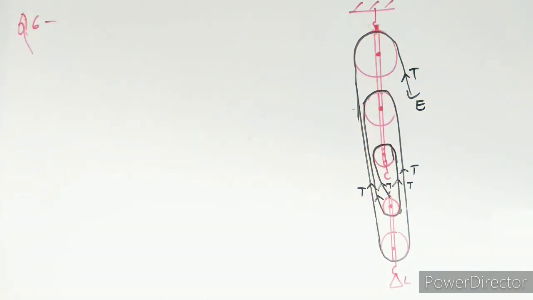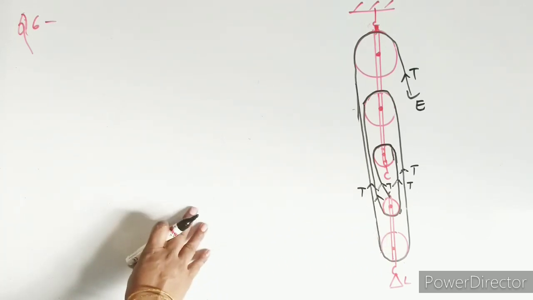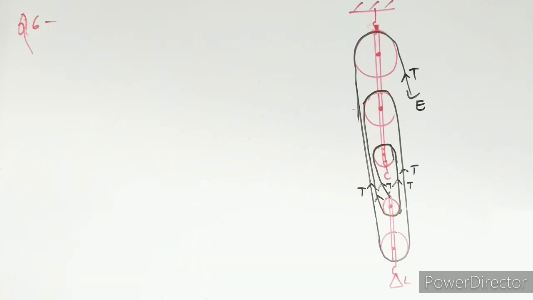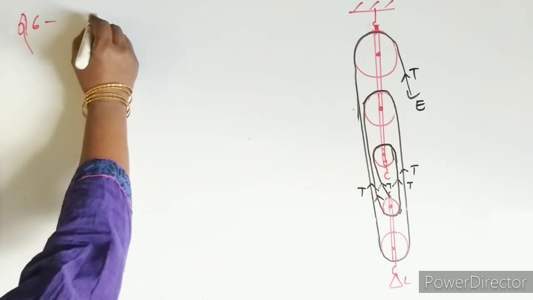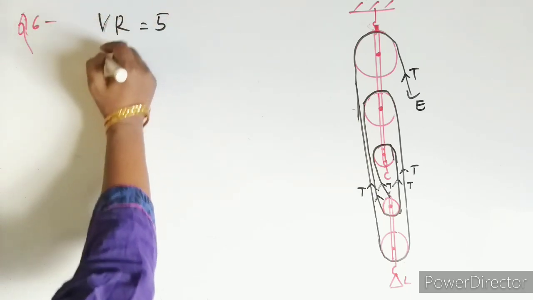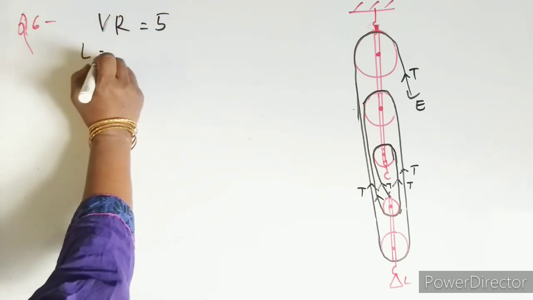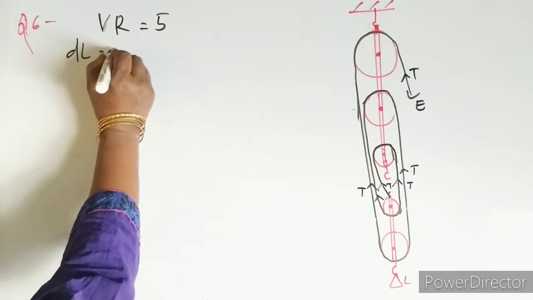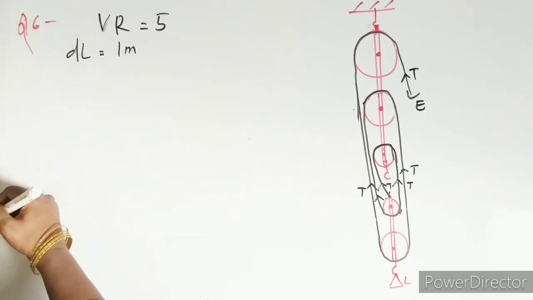Now, let us see what data is given for us to solve. Mark the direction of load and effort, all these done. If the load is raised by 1 meter, let us find out what we are getting. VR equal to 5. Load is raised, let this be DL. DL equal to 1 meter.